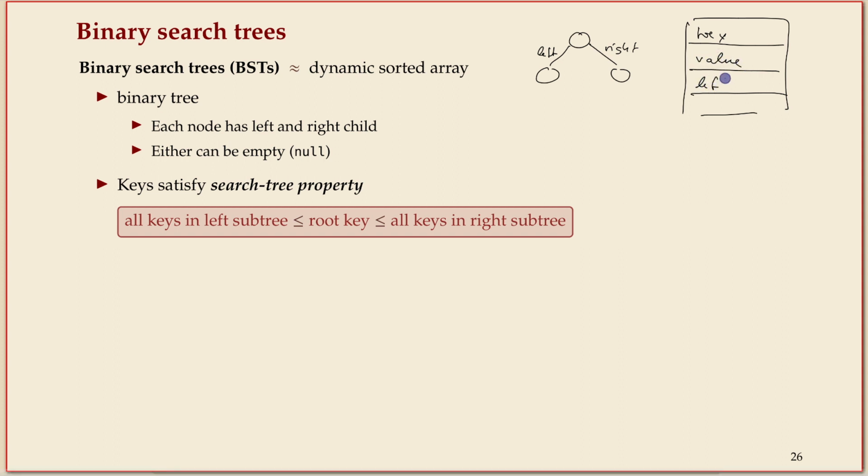And then it would have a pointer left and a pointer right. Remember, either of the two can be null, so then the node doesn't have that kind of child. In the following, I'll draw the null pointers like this. A little square means there's nothing, and the circle means this is a node.